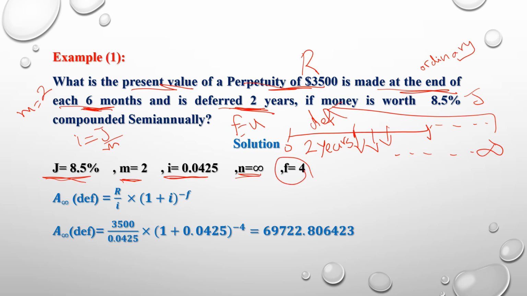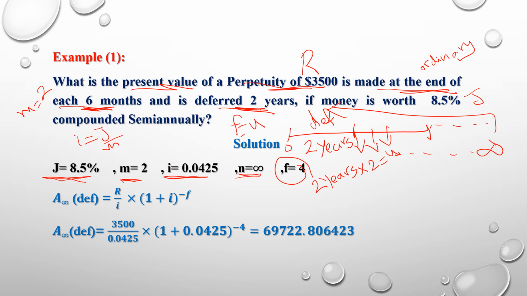F equals 4 because the deferment period is 2 years, and the perpetuity is made twice a year, each 6 months. So 2 times 2 equals 4.